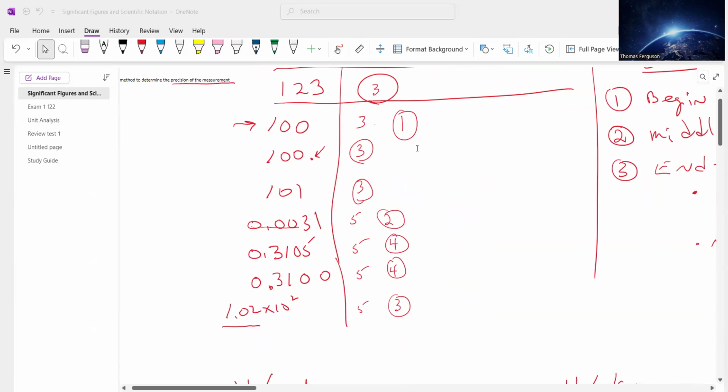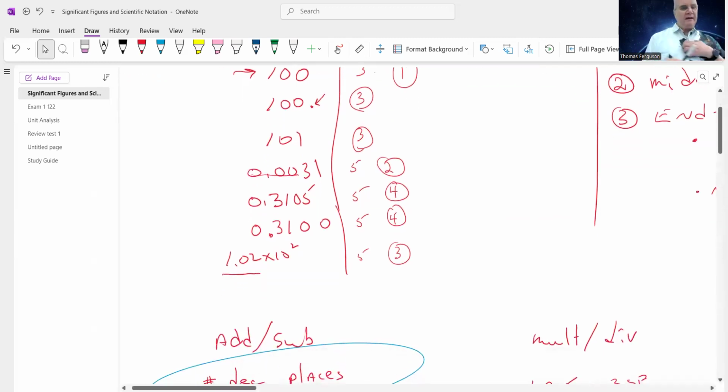Next one down. Notice the difference between the first 100 and the second 100, what's the difference? Decimal point, all right? Star that in your mind. The first one, there's no decimal point, so that means the trailing zeros don't count ever. The second one, the trailing zeros count because of the decimal point. 1 versus 3.